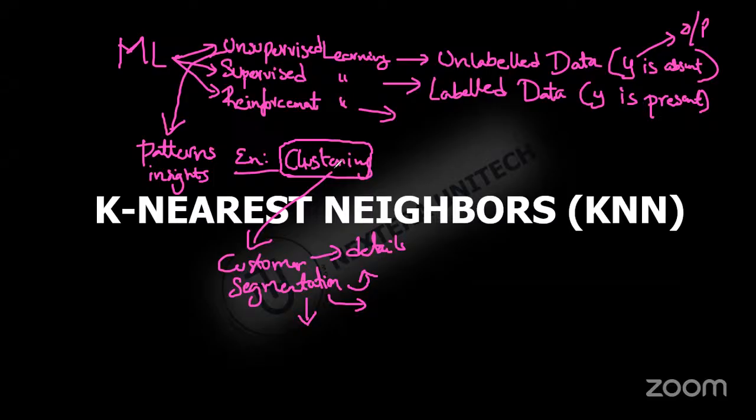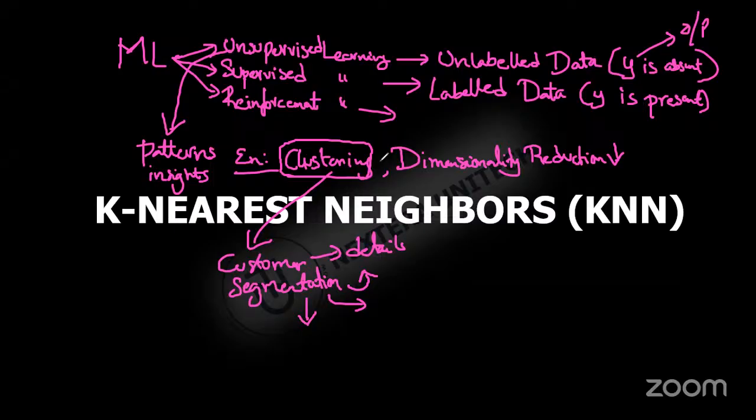Clustering is one of the widely used algorithms under unsupervised learning. Then next to clustering, we have dimensionality reduction. The name itself is telling that it is going to help us reduce the dimension of the data. When we use the algorithms under dimensionality reduction techniques, the dimension of the data gets reduced.